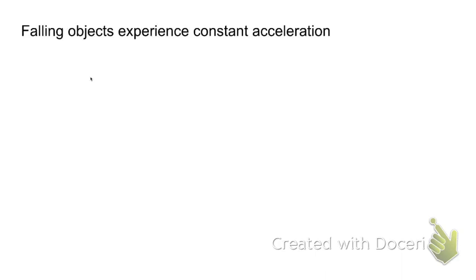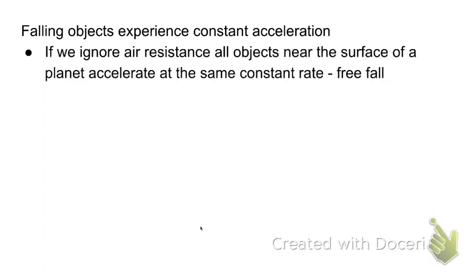So, falling objects experience constant acceleration. If we ignore air resistance, which we will a lot because we're physicists, all objects near the surface of the planet accelerate at the same constant rate. They accelerate in what we call free fall.